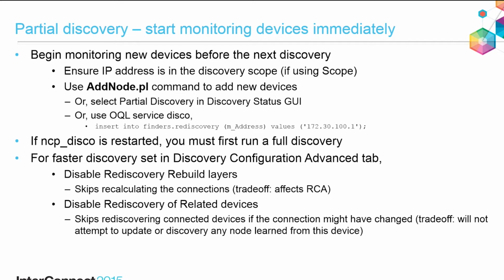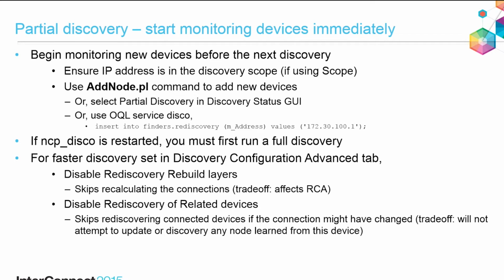So now you've validated your devices. You can either wait for the next discovery for them to be discovered, or typically you probably want to start monitoring these now before the discovery. So one way to do that is to use partial discovery to get them into the system. Now, depending on which mode you have, if you are in the scope mode, then obviously you've got to make sure that the scope has been adjusted.